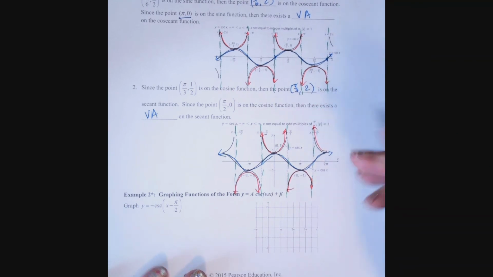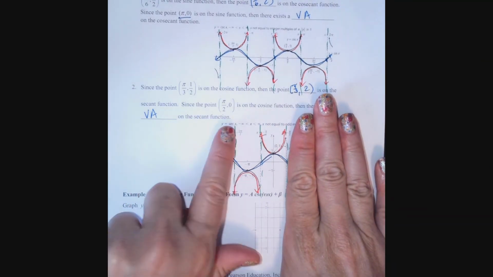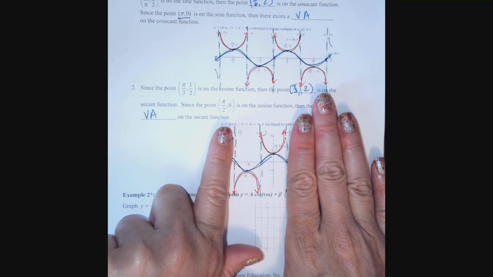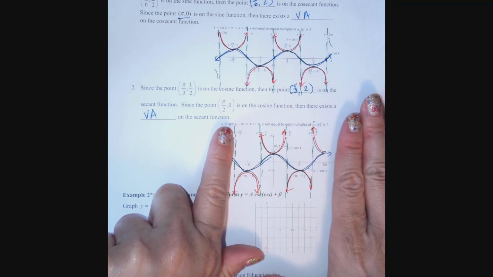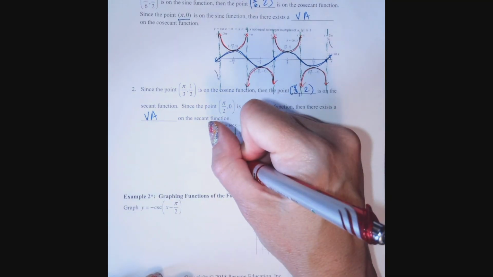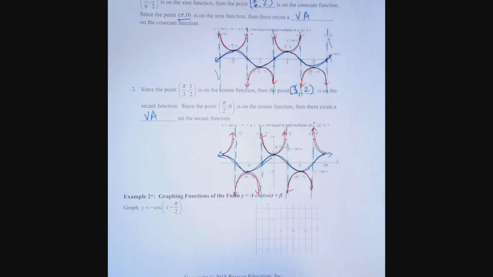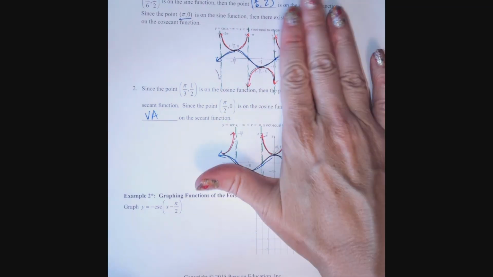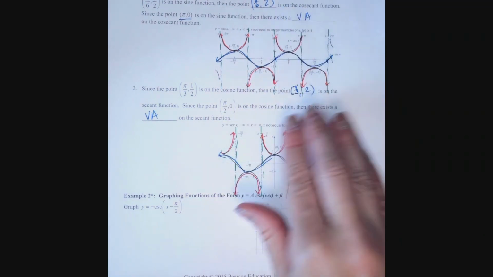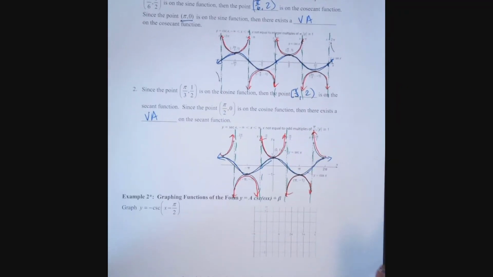That is one cycle of secant. This is 2 full cycles of secant. And the same with my cosecant. There's 1 cycle of cosecant. There's 2 cycles of cosecant.